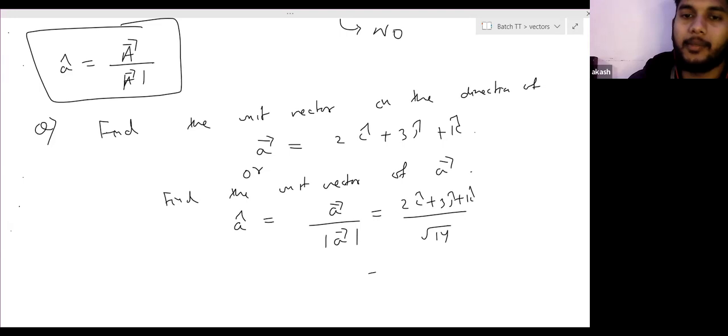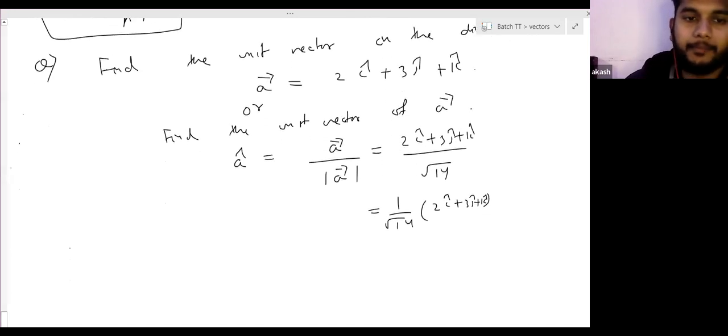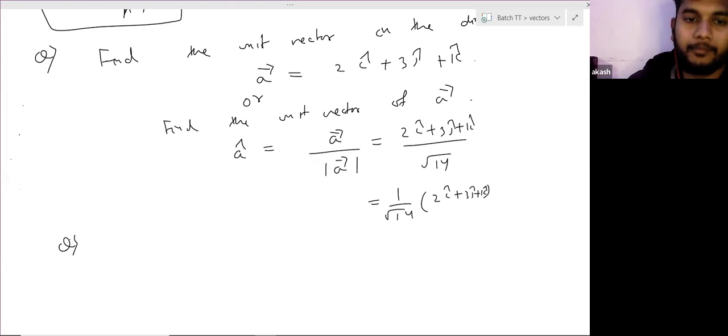Right? This is the answer. You can write it like this. Or you can break it down to each individual quantities. Next question.